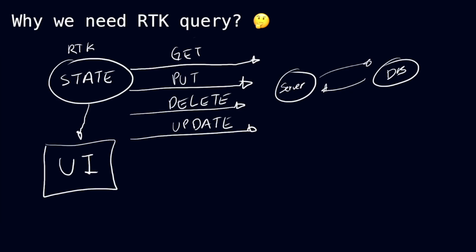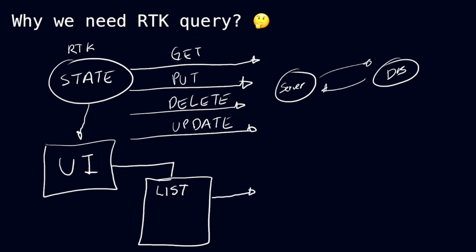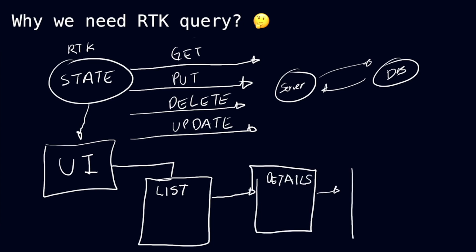And the cool thing about this is that we can have multiple screens for this UI. For example, let's say that we have a list of to-dos, and then this list is going to have the details screen, right? And then from the details screen, we can have the update screen.